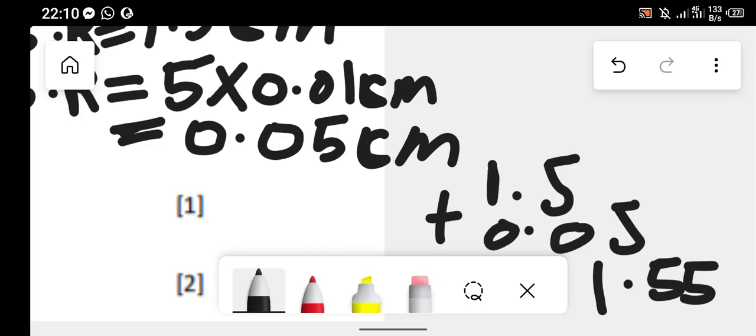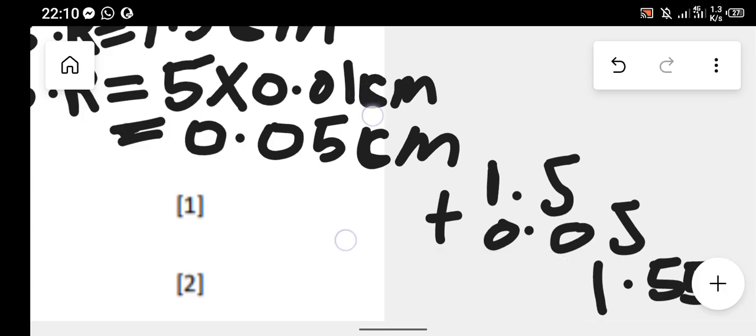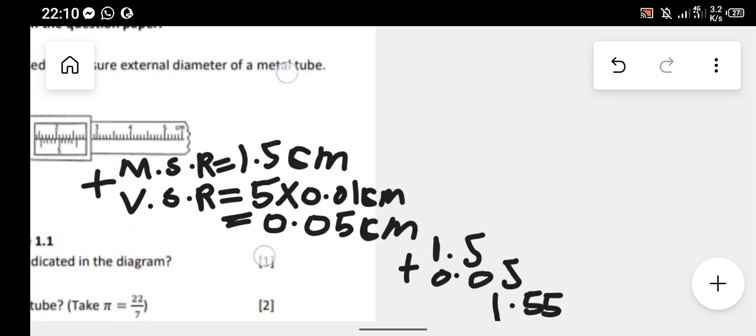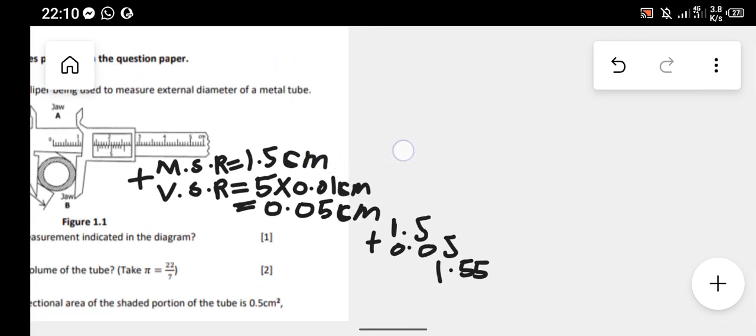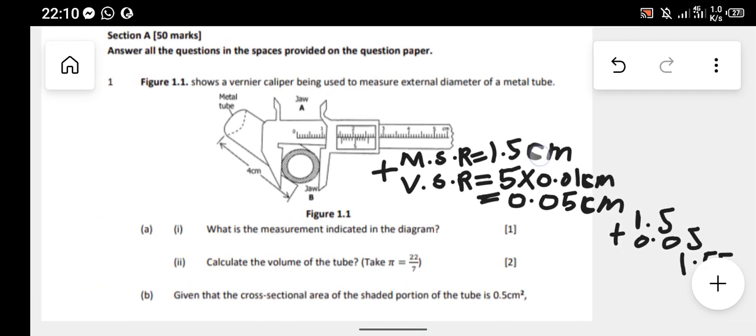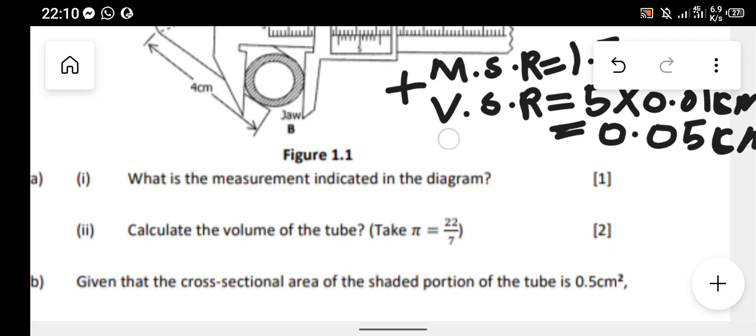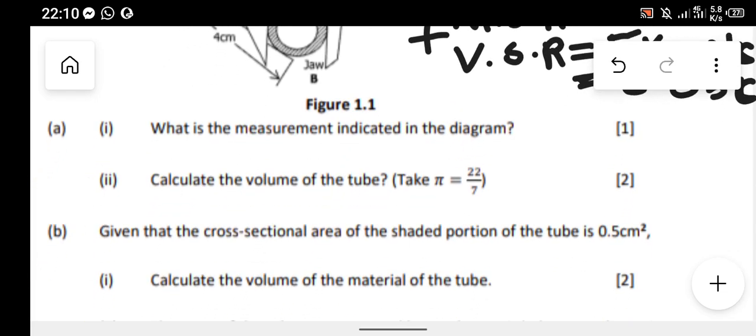Okay, so let me just zoom out a bit so that we read the next question. Okay, so let's look at question 2.